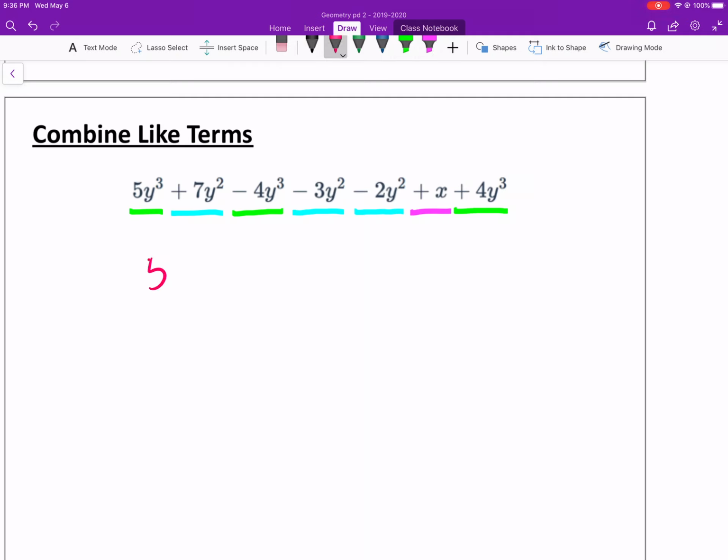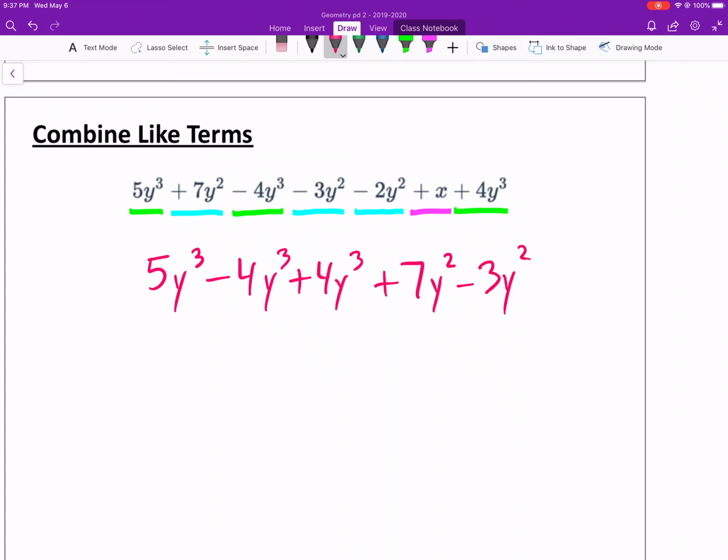It'd be helpful to write them next to each other, showing your work. 5y to the third minus 4y to the third plus 4y to the third. Then we have our y squared terms, and we have that x as well.